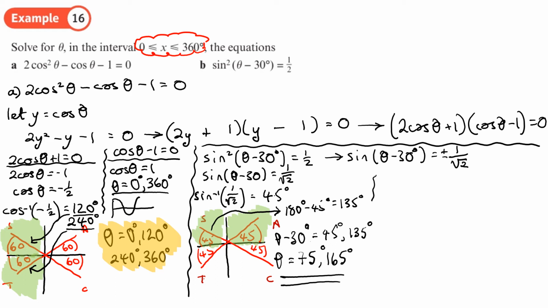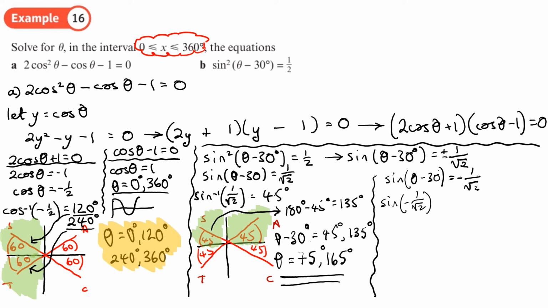Now we're going to look at when sine of theta minus 30 is equal to negative 1 over root 2. So we'll do the sine inverse of this negative 1 over root 2.